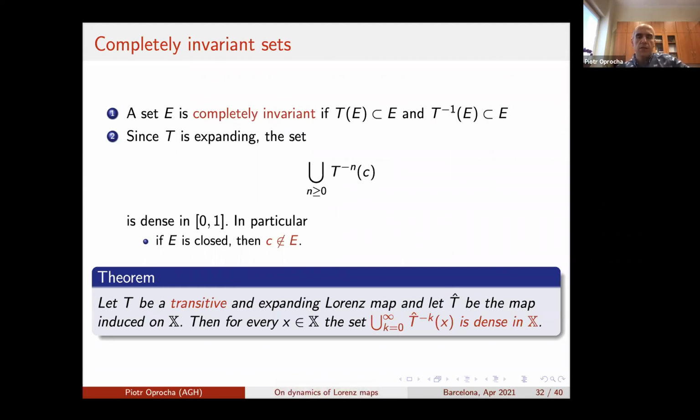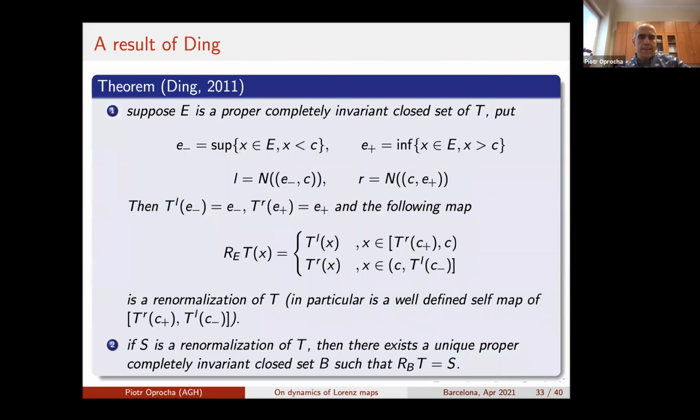So in fact, for this case, you cannot find proper completely invariant subsets. If you have transitivity, you will never find a closed proper invariant subset which is completely invariant. So this type of set may appear only in the case where there is no transitivity. All right.